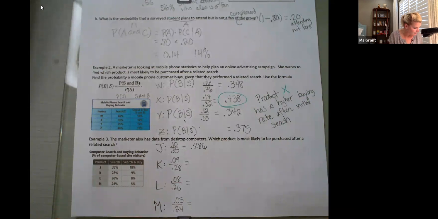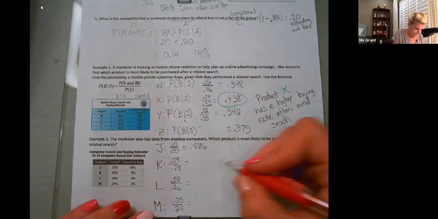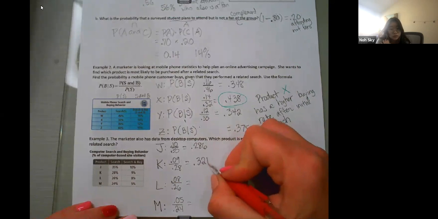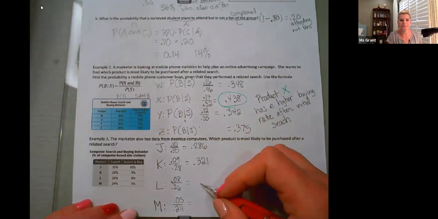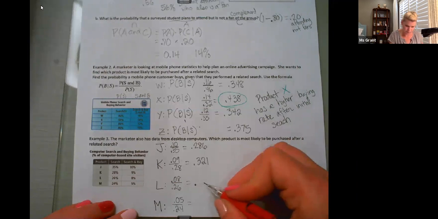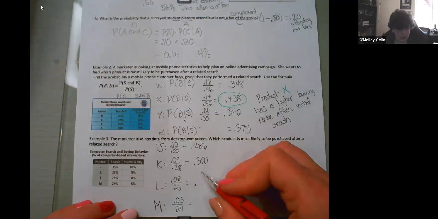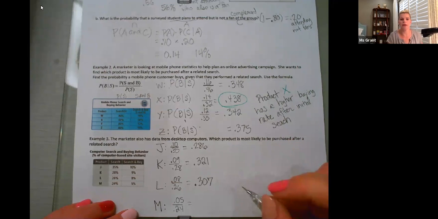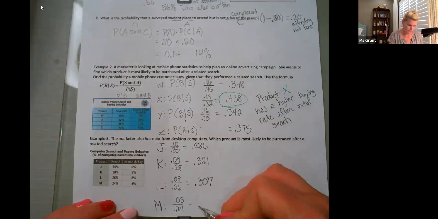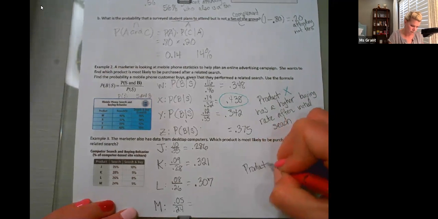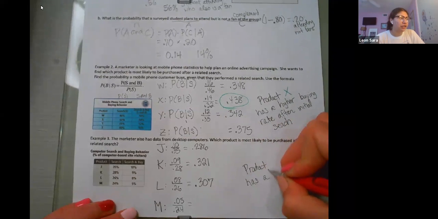All right, I need different volunteers to give me their decimals. For K, what'd you get? 0.321. Great. For L, what'd you get? 0.307. Good, good. For M, what'd you get? 0.21.